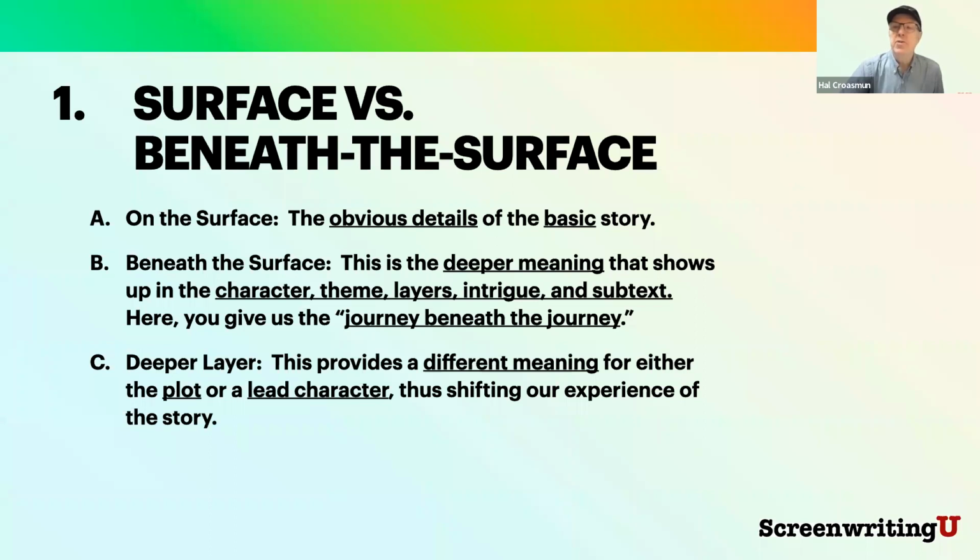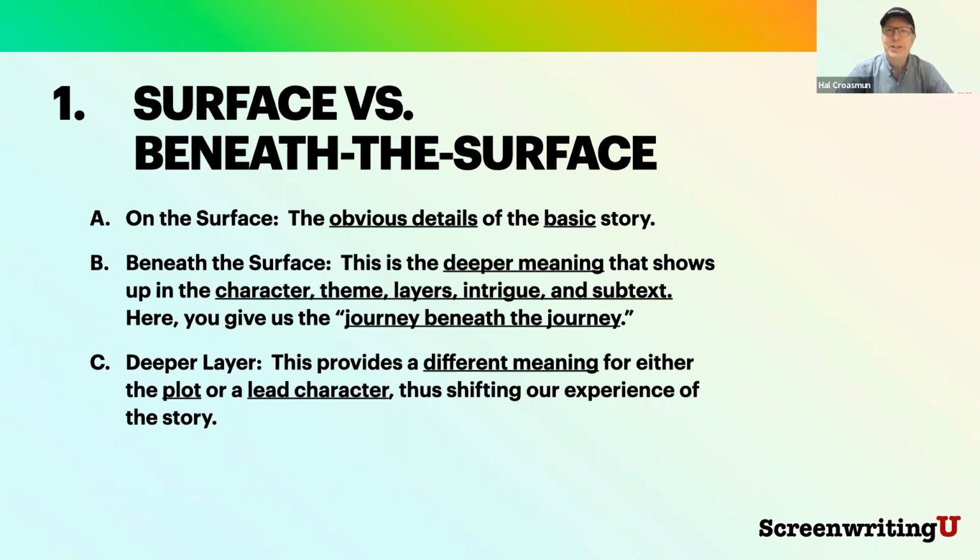Deeper layers is another part of this, and a deeper layer means something has been revealed, right? That provided a deeper meaning of either the plot or the lead character, changing how we experience them. So if suddenly you find out that the person you've been watching this whole time, who's been acting like a DEA agent, turns out actually they're the head drug leader, right?